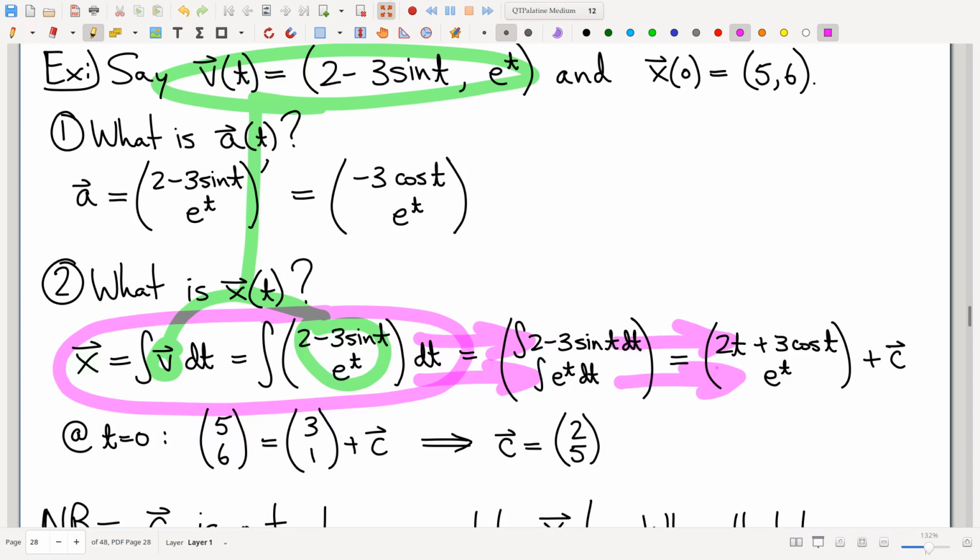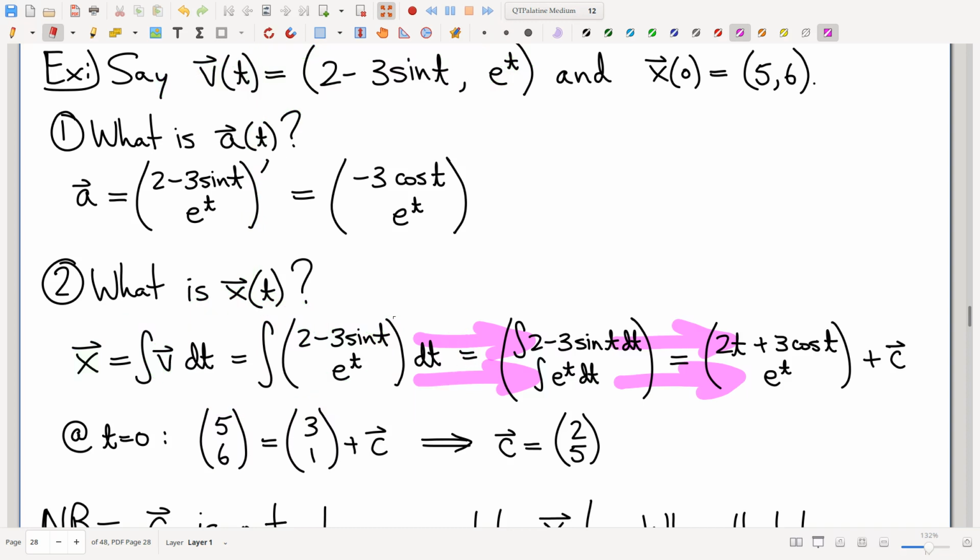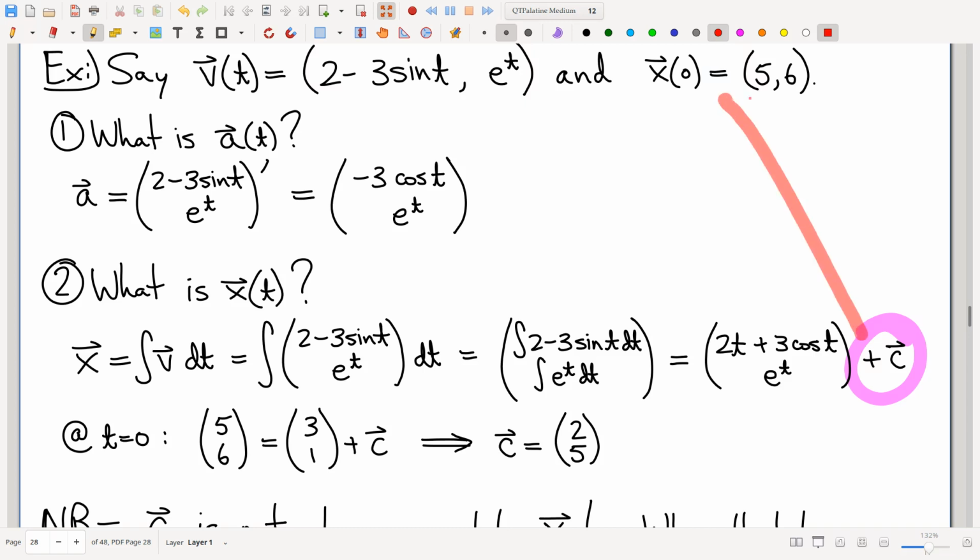All right, now do keep in mind when you're computing antiderivatives, don't forget about the plus c. Easy to forget the plus c. A couple things I want to say about that. A surprisingly large number of students mistakenly think, I blame high schools, that the plus c is always the initial value, and that is absolute nonsense.